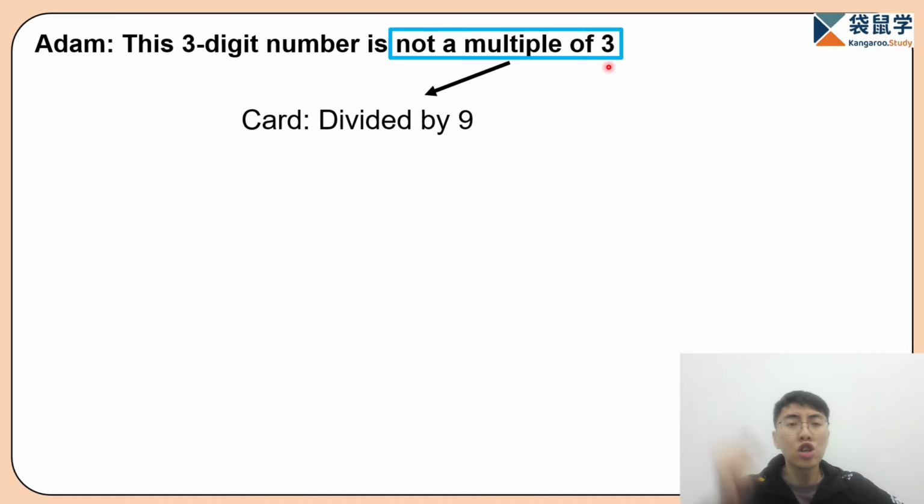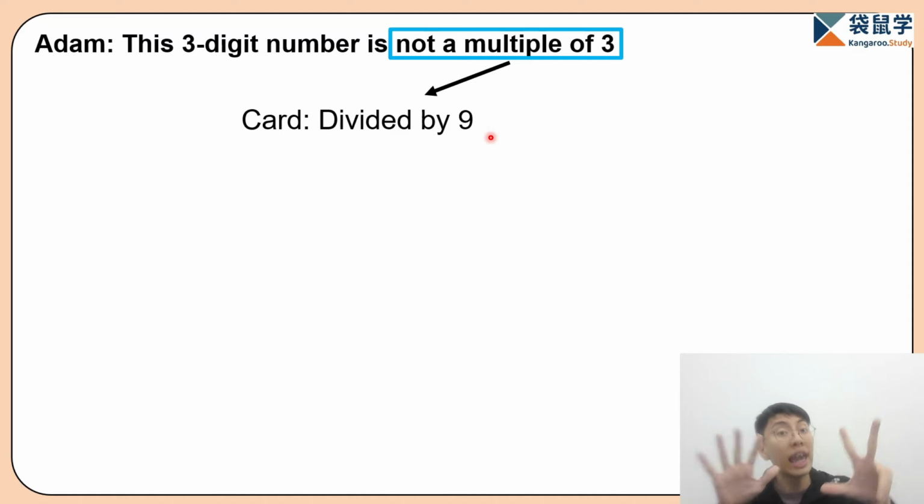Is there anything that can help him confirm that? The answer should be very simple. Chances are that it has something to do with the remainder that he obtained. What remainder can make sure that he is 100% confirmed that he got the card that is divided by 9? The answer, of course, is if he got the remainder of 8.